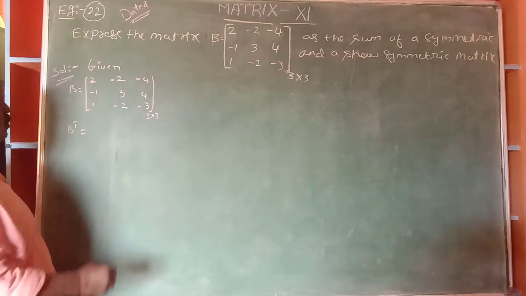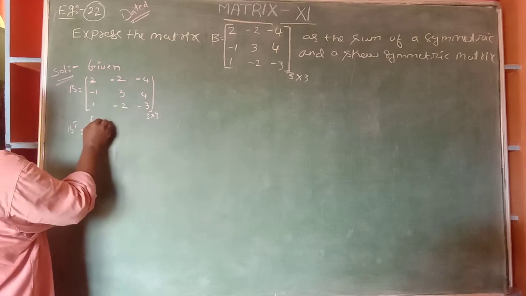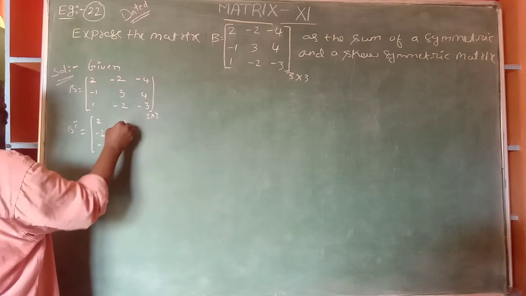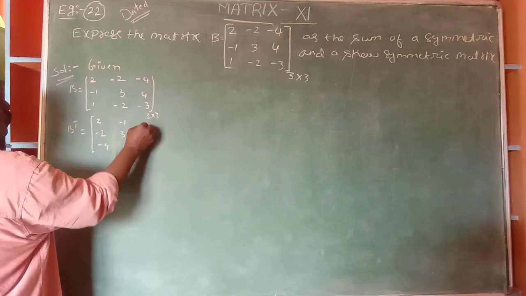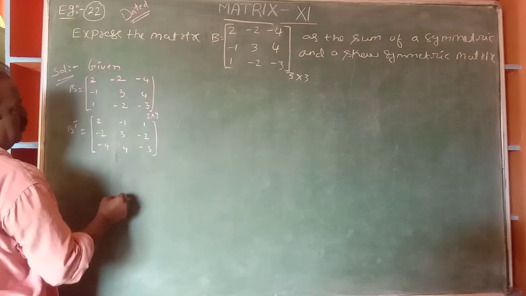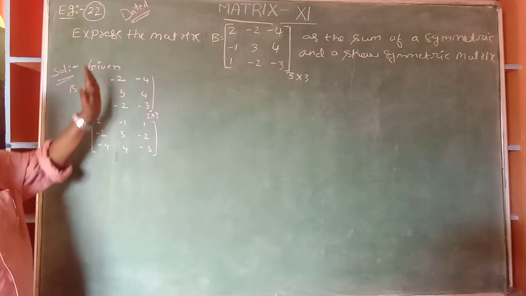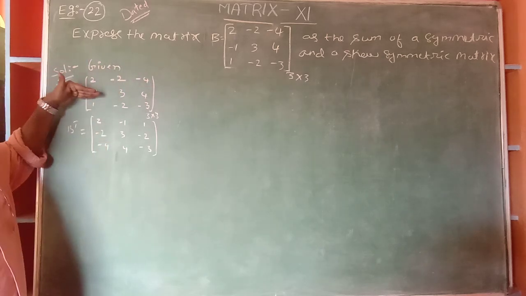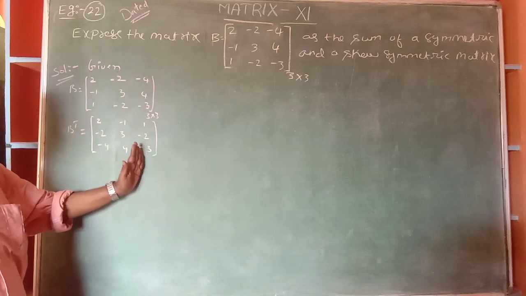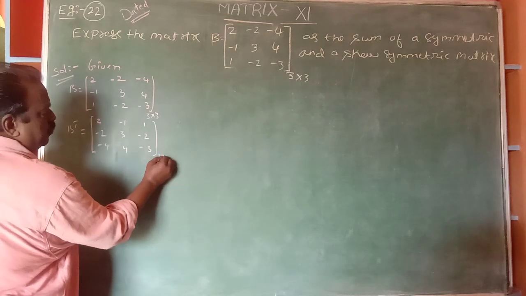You know it well. Transpose means simply you change the rows into columns. This is the transpose of the given matrix. The first row becomes the first column, the second row the second column, the third row the third column. Now this is B transpose.